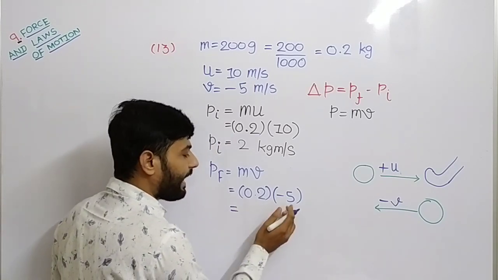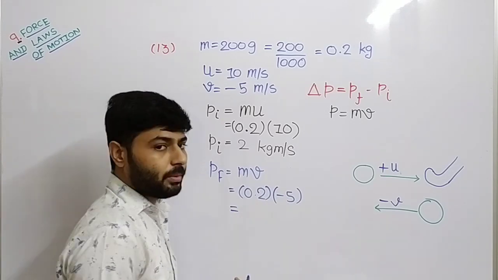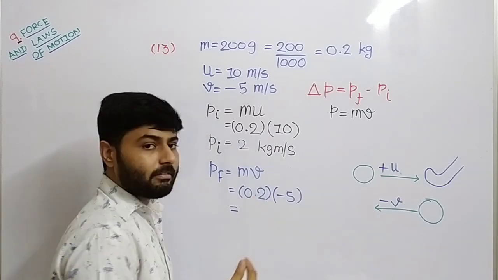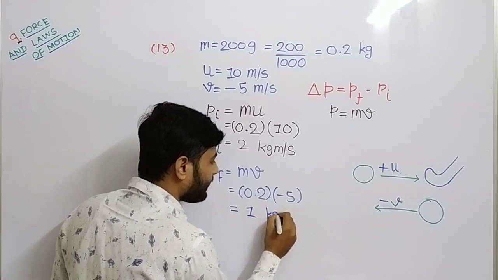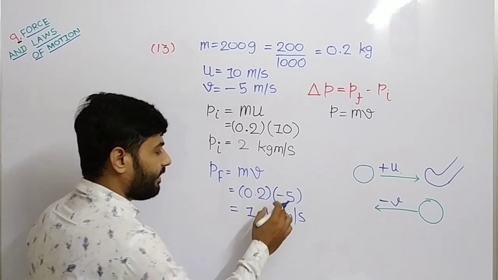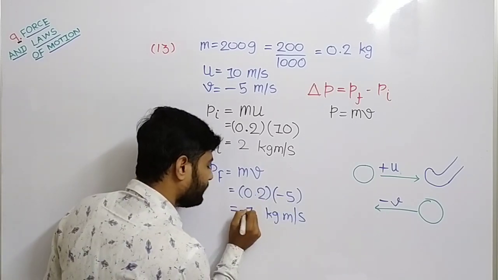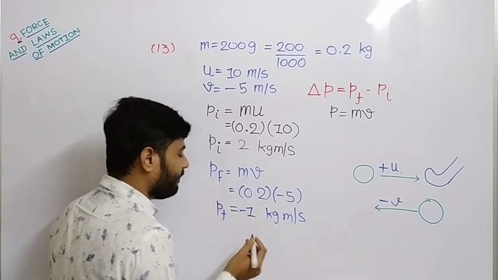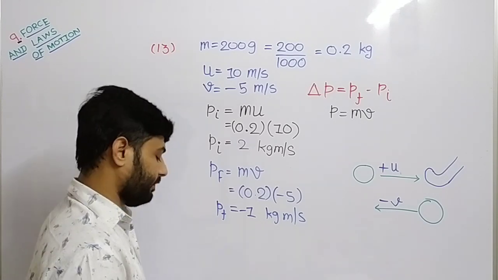Here 5 twos are 10, and 0.2 means 2 divided by 10, so this 10 will be cut. So I have 1 kg meter per second. But here we have 0.2 into minus 5, so don't forget to put this negative sign. So we have PF is equal to minus 1 kg meter per second.